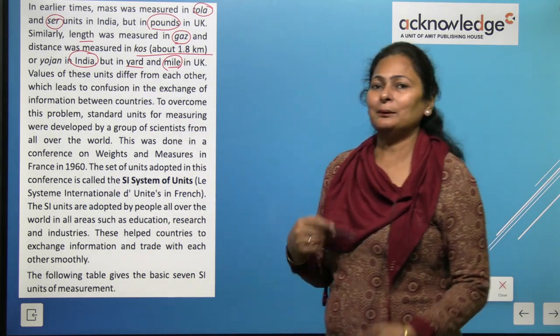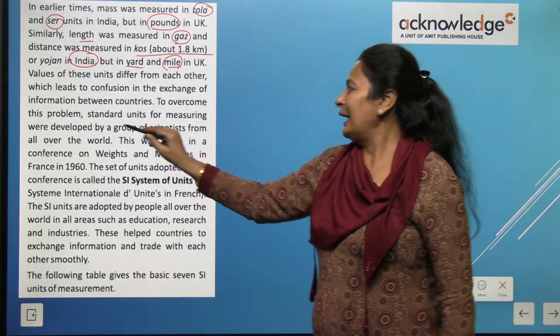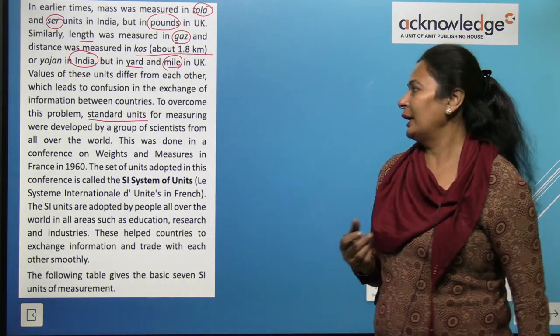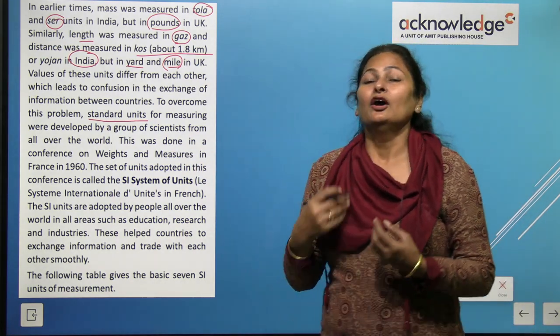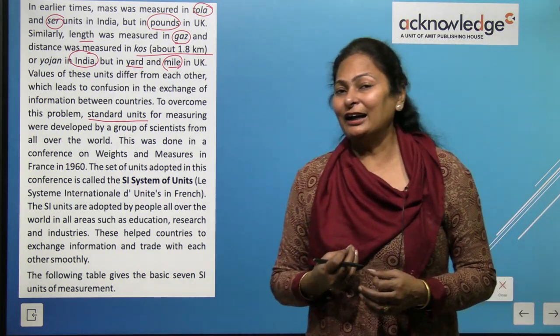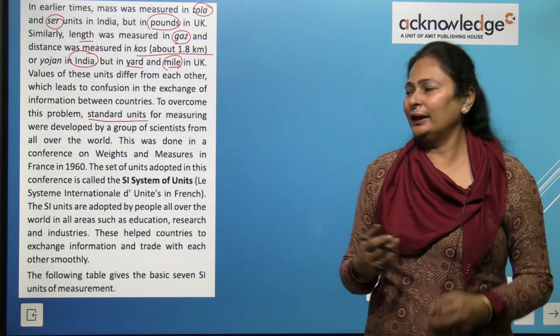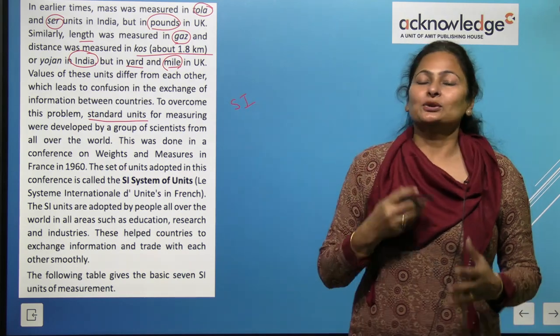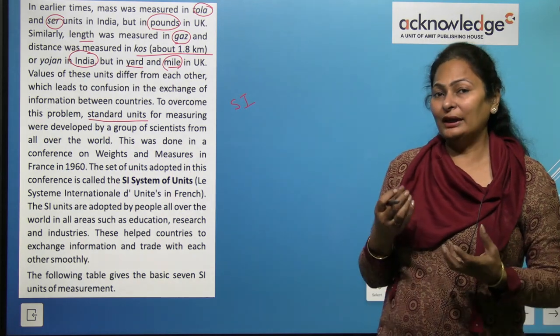To overcome this problem, standard units for measuring were developed by a group of scientists from all over the world. Now we have standard units, which in short form you write as SI.